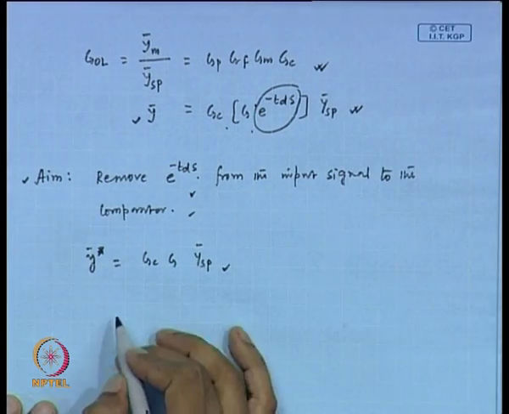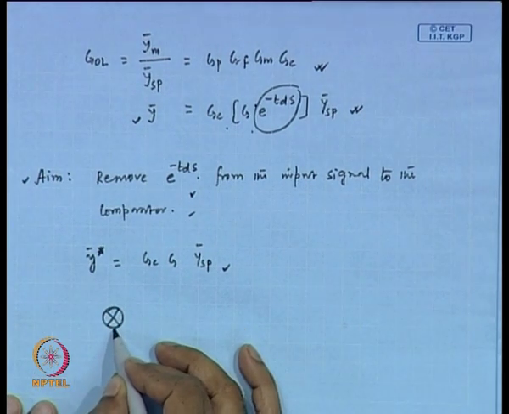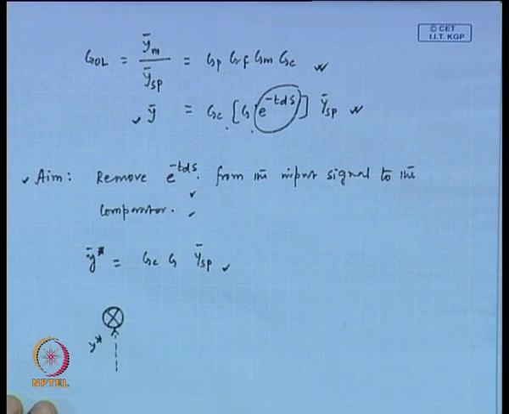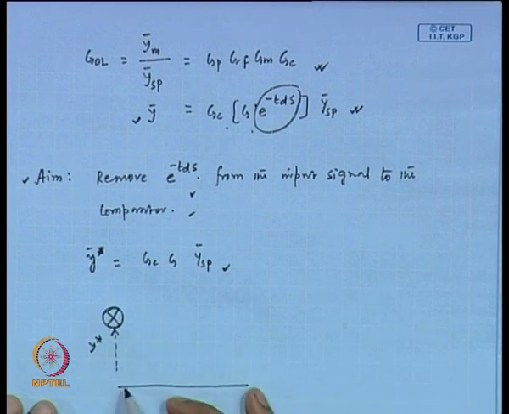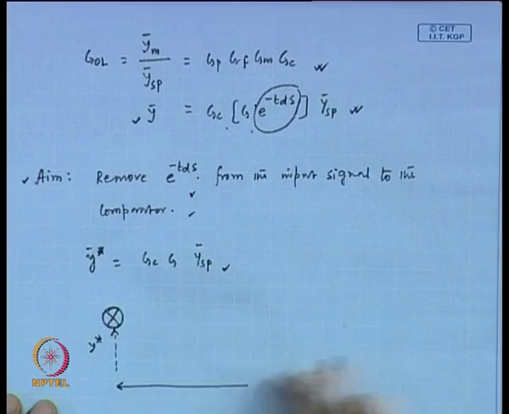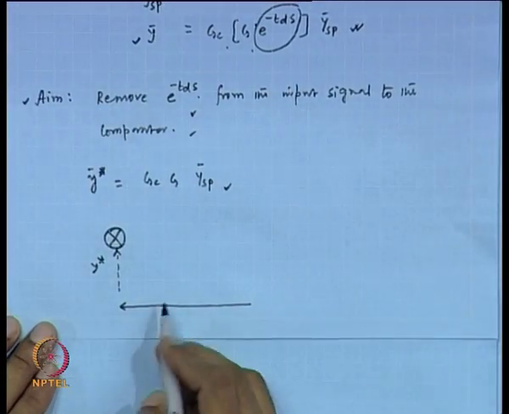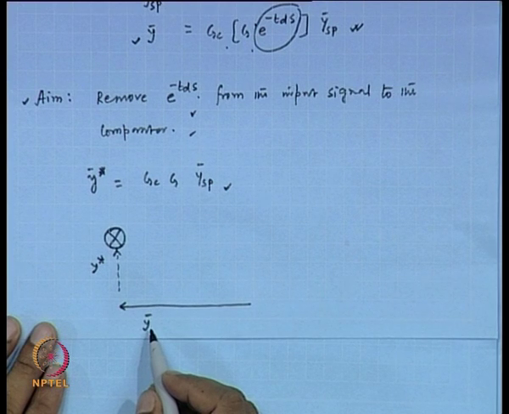We can obtain this y star, suppose y star, and the information which is coming from the process through direct measurement, that is y bar.